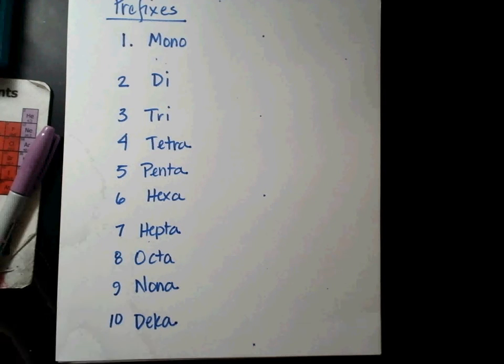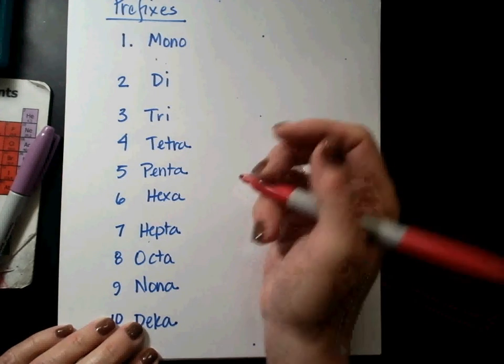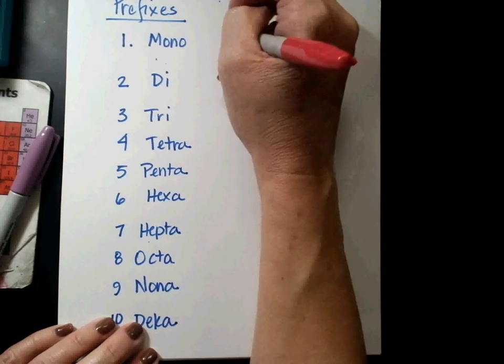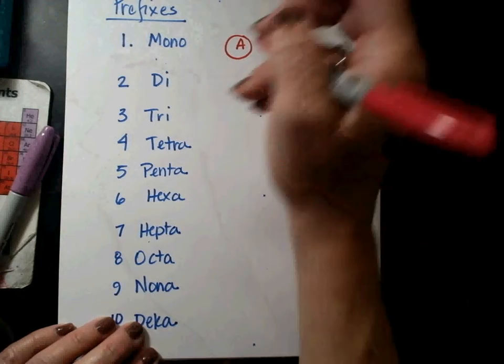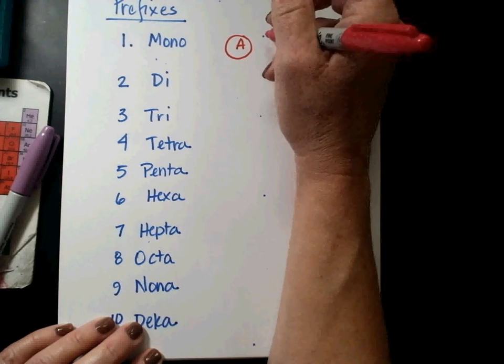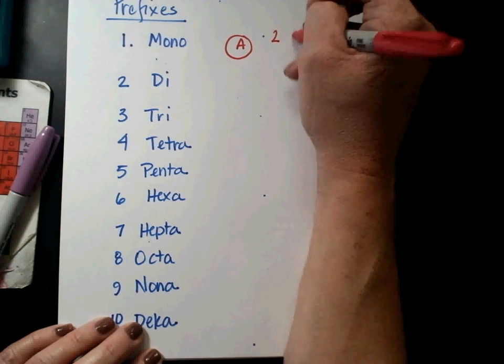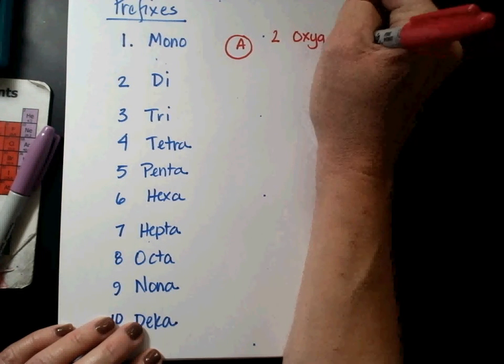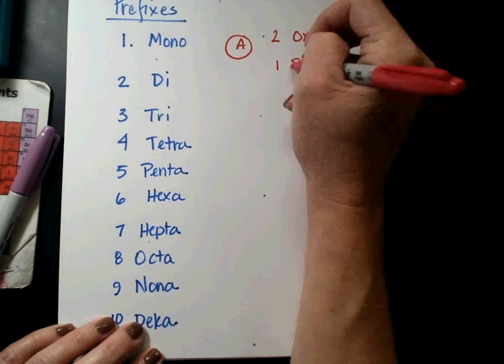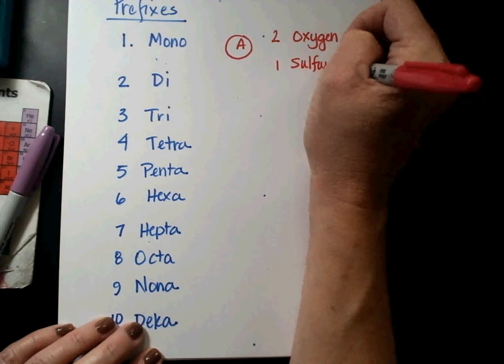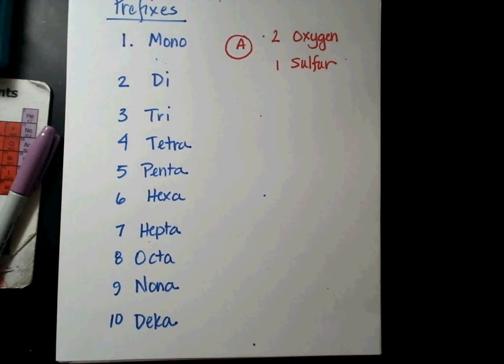So now I'm going to give you 3. Well, we'll just do them one at a time. Let's say you have 2 oxygen and 1 sulfur. So go ahead and pull out your periodic table. Let's practice a couple of them.